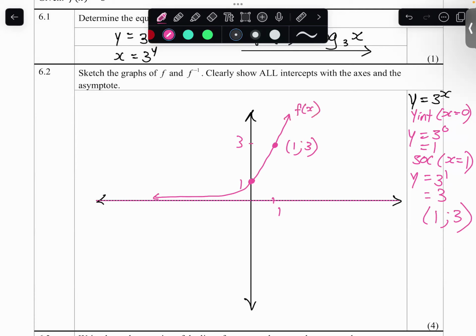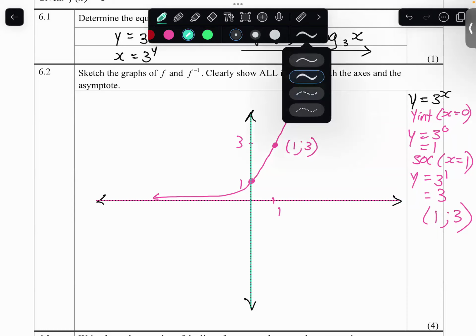The inverse, everything is just going to swap around. I don't need any calculation. I just need everything to swap around. Sorry, I'm dying. Okay, so what was the horizontal asymptote is now the vertical asymptote. What was a y-intercept of 1 is now an x-intercept of 1.